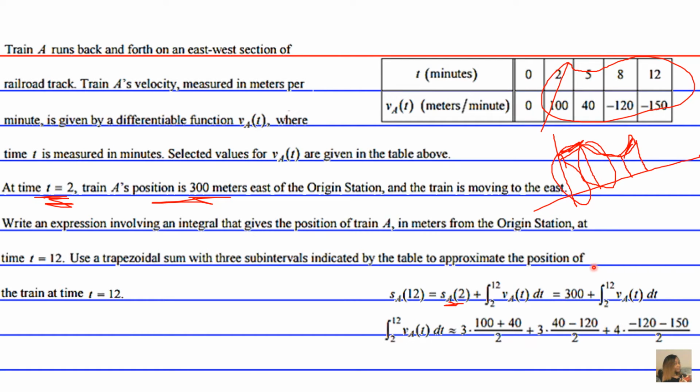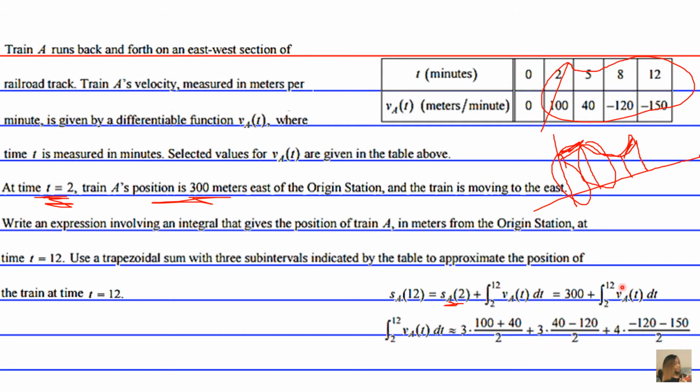And then the second interval between 5 and 8 is going to be 40 minus 120 divided by 2. That's the average of the heights, and then multiply by the base. The base is 3 spaces on the x-axis, but here in this specific problem it is the time axis, so 3 minutes. And then the last subinterval is 4 minutes long or 4 units wide.